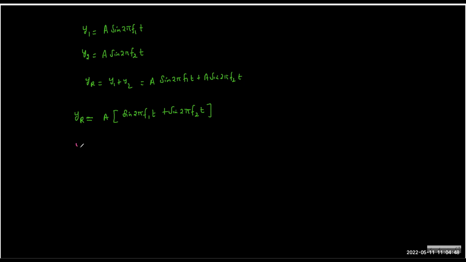So now you can use the sin C plus sin D formula. So sin C plus sin D is how much? 2 sin (C plus D) by 2 into cos (C minus D) by 2.